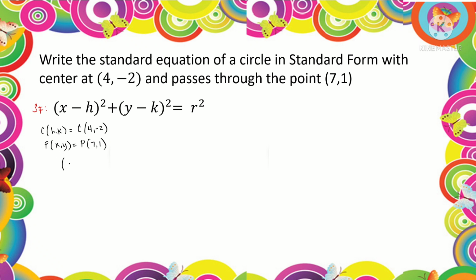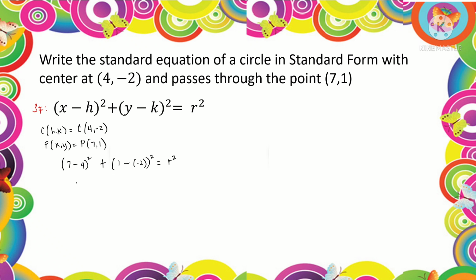So, we have x, 7, minus your h, 4 to the power of 2, plus y, 1, minus your k, which is -2. So, use another parenthesis so that it will not be confusing. Square equals your unknown radius squared.